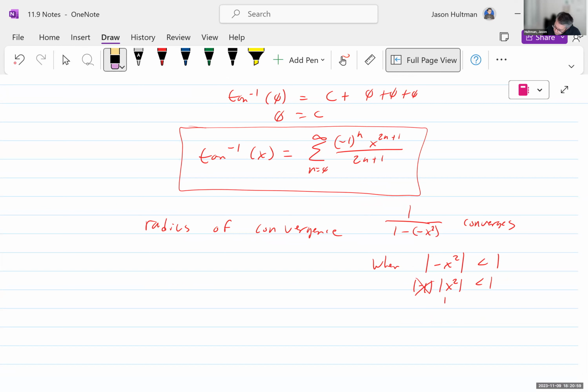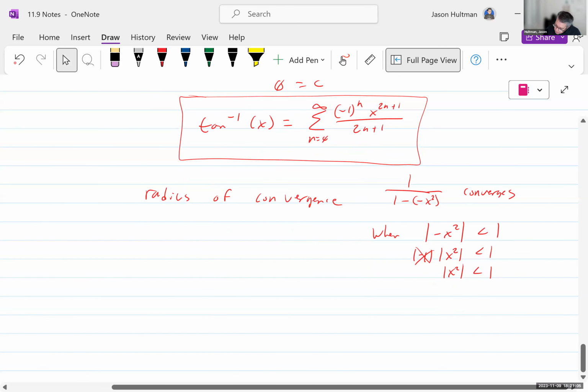Then the absolute value of x squared is less than 1, and we can square root both sides to get rid of that squared, and we get the absolute value of x is less than 1. So the radius of convergence is 1.